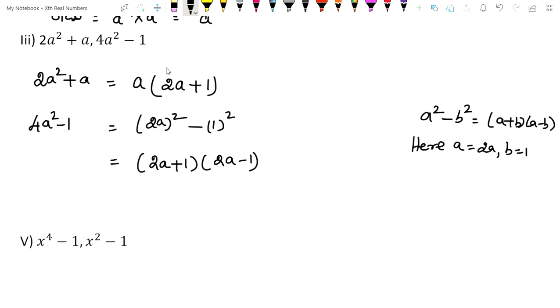Now compare them, which is common? 2a plus 1, 2a plus 1. So the GCD is 2a plus 1. Is it clear, children? What is the GCD here? 2a plus 1, because 2a plus 1 is present in both the terms. So that is the greatest common divisor.